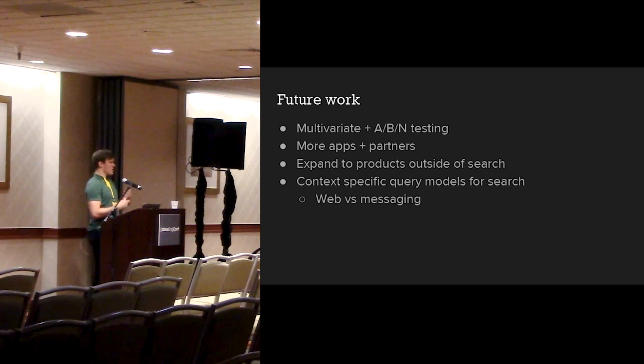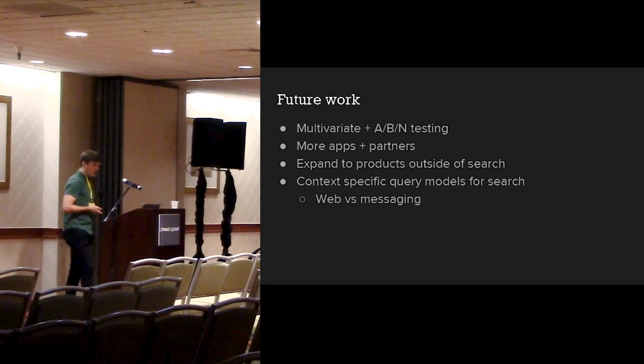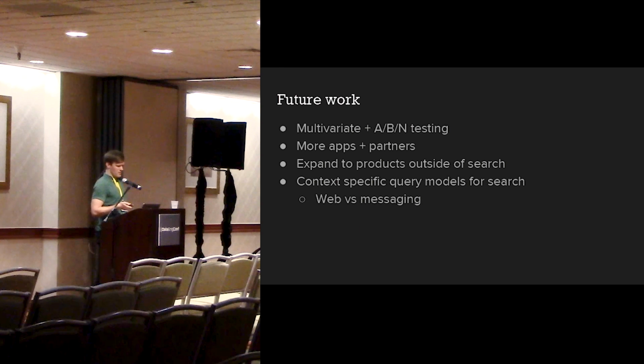Sometimes in a web case, you get a very large grid of GIFs, and people like to explore a little bit more. It's more of an exploratory context, and then in a pure messaging context, you're getting a small scroll of maybe 3 initial GIFs in the viewport, and it's really relevance focused. People want exactly what they search for, so they can send that GIF to whoever they're talking to.